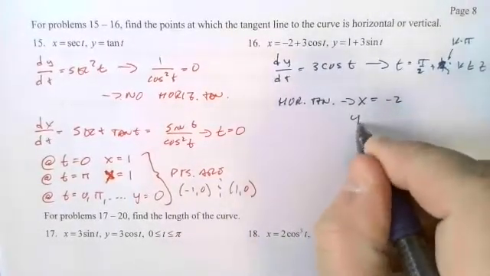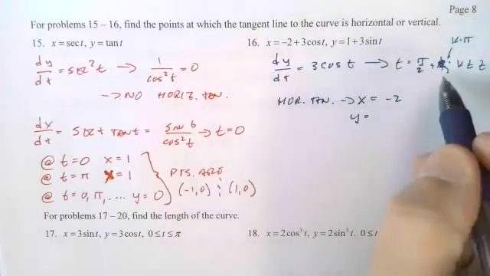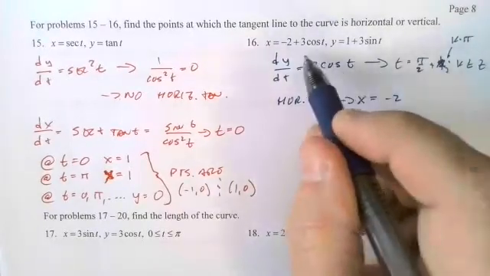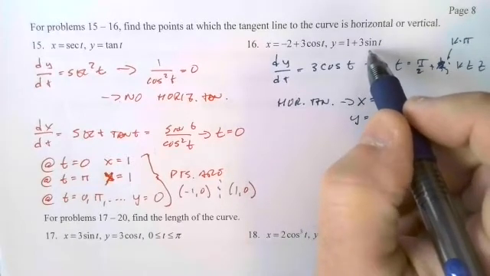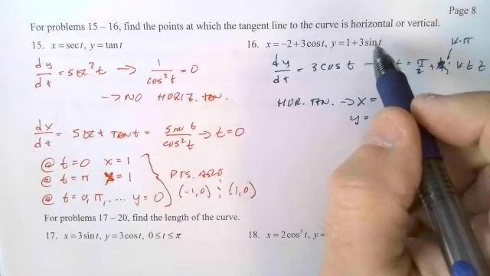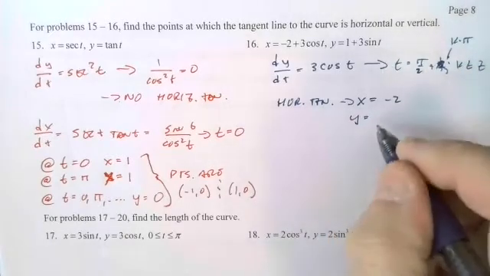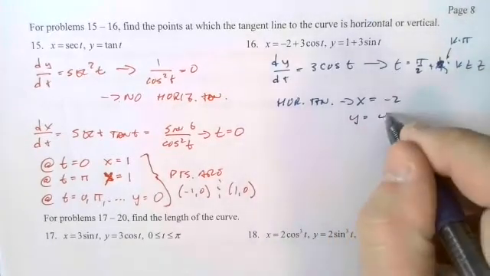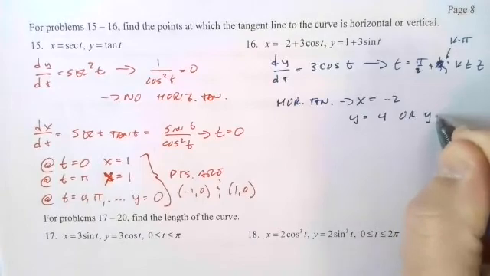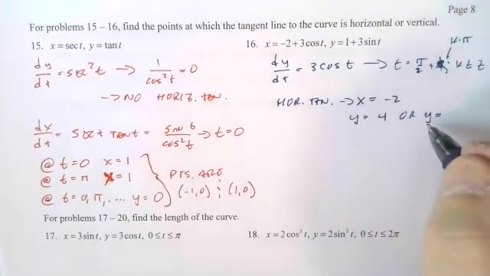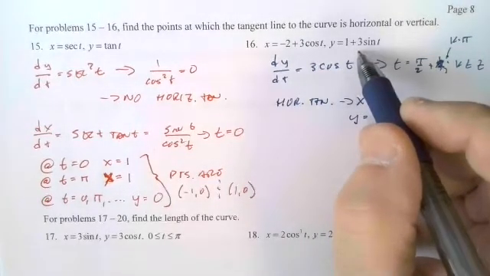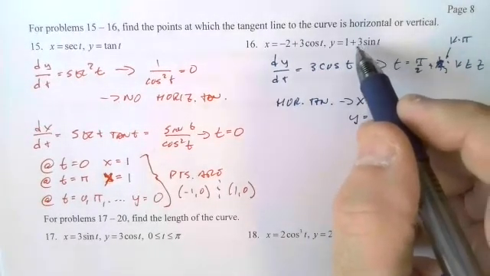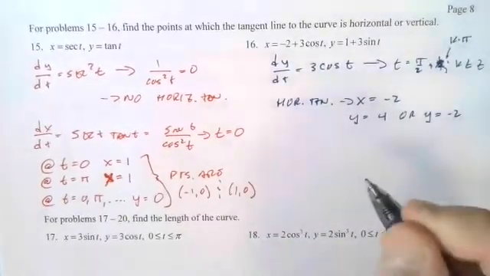And y would equal either positive 1 or negative 1 times 3. If it was positive 1, you'd get 4. When it's negative 1, you'd get negative 2. Yeah, negative 2.